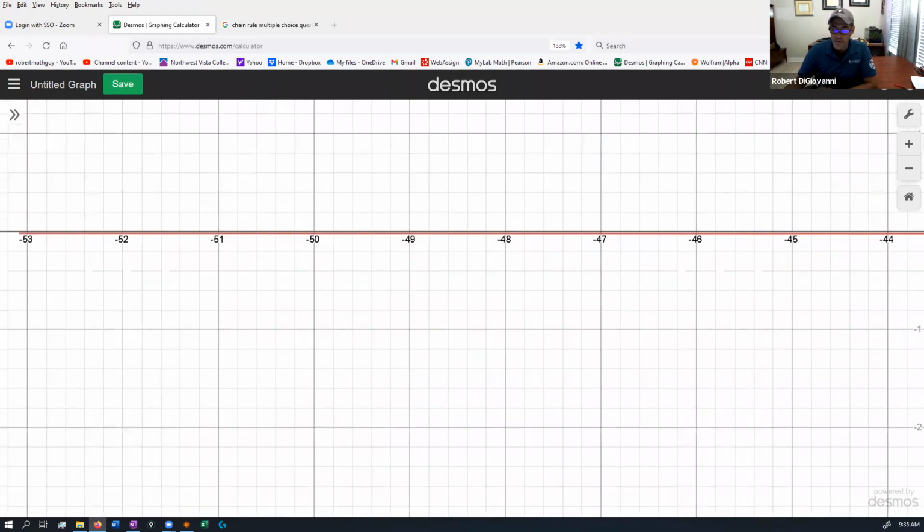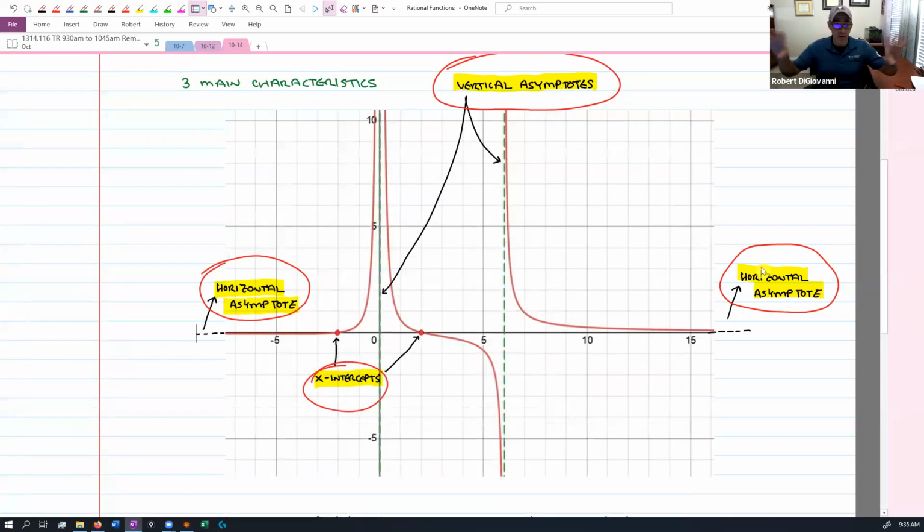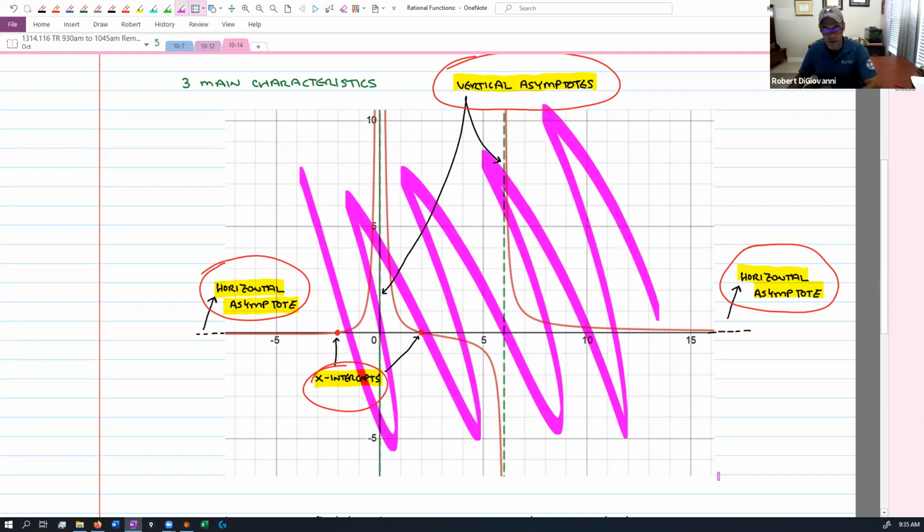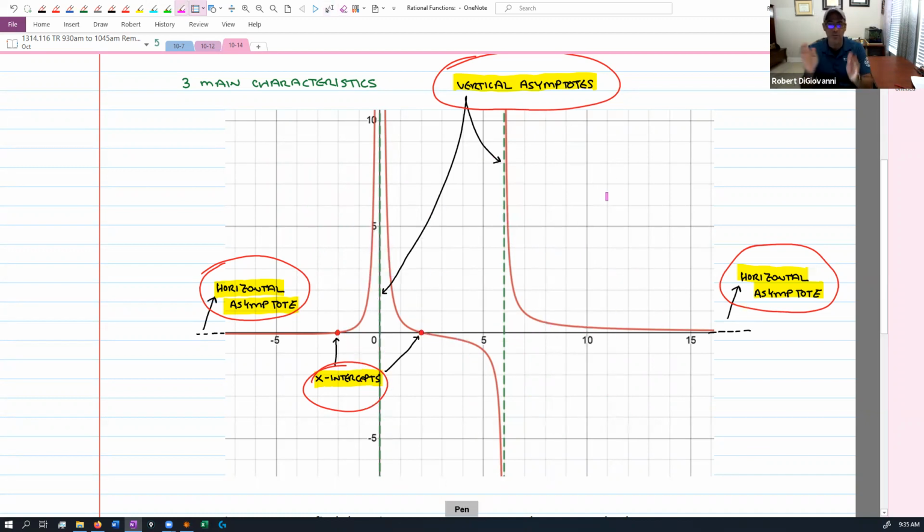So the horizontal asymptote is something at the end of the functions. It's at the edges. The horizontal asymptote has nothing to do with what's going on here. It tells you everything about what happens at the edges. And I like to look at the horizontal asymptote like a magnet. When you get two magnets, you put them together and they stick together, right?